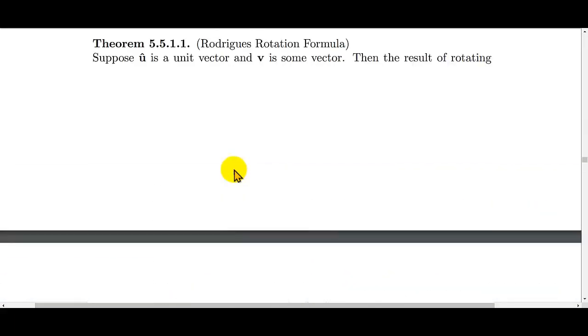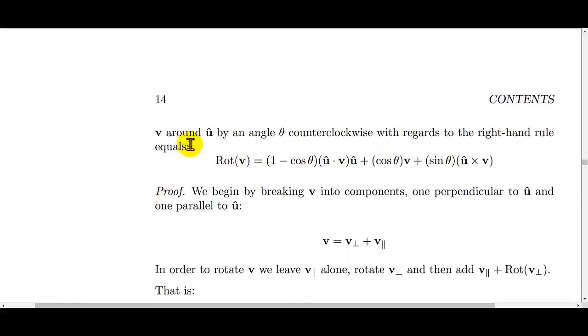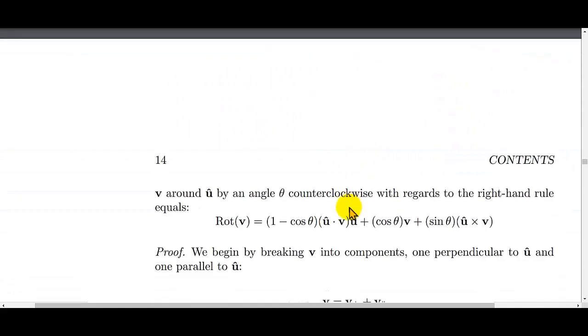Then we have the result of rotating the vector b, or the point b, around the unit vector u by an angle theta counterclockwise with regard to the right hand rule.